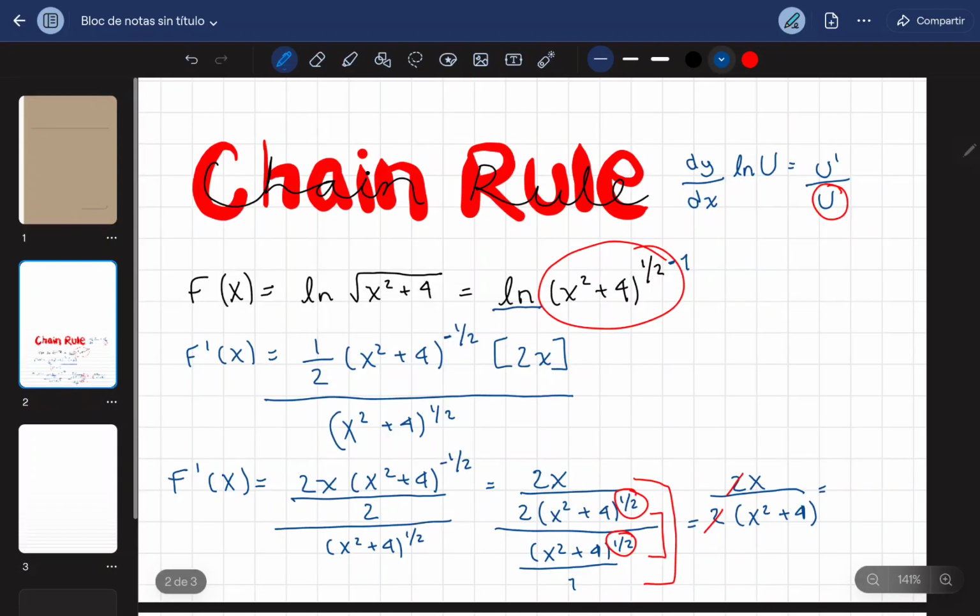And that's everything that you can do. x over x squared plus 4. This will be your final answer. Remember, you cannot cancel this x with this because you have a plus in here.